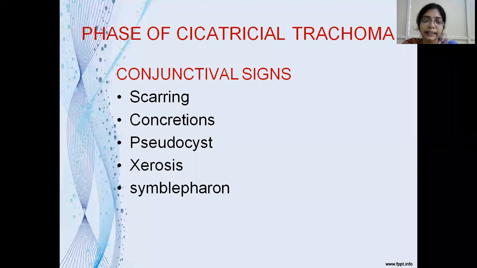In conjunctival signs, you have scarring, concretions, pseudocyst, xerosis, and symblepharon. Xerosis is nothing but dryness and lusterlessness of the conjunctiva. What is symblepharon? Whenever adhesions develop between the bulbar conjunctiva and the palpebral conjunctiva, it is known as symblepharon.